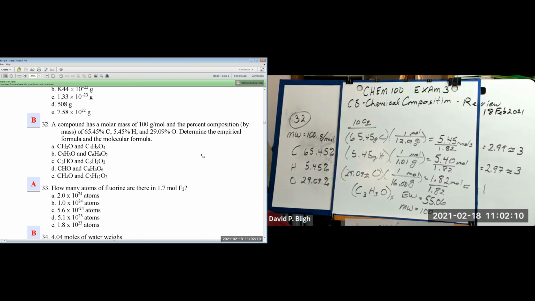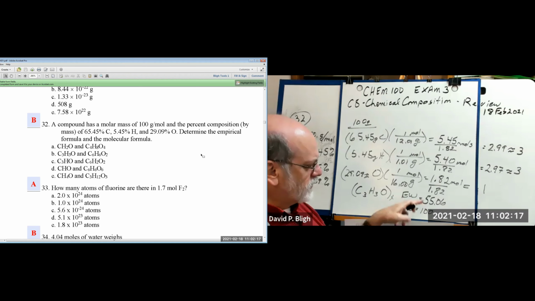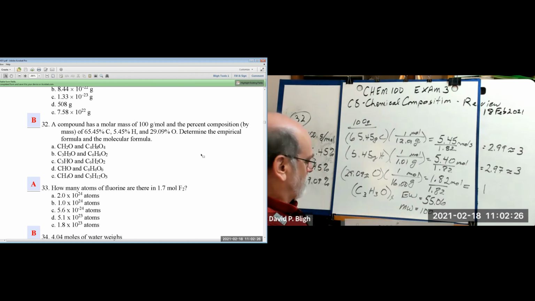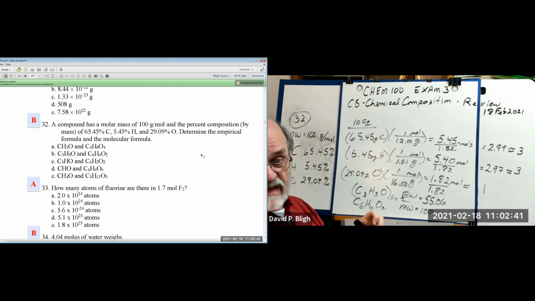Okay, the nearest whole number quotient for this one divided by that one is 2, right? So there's a significant amount of experimental error here. But if we say the multiplier equals 2, then we've got C6H6O2. That's why the answer for this one is B. Okay.